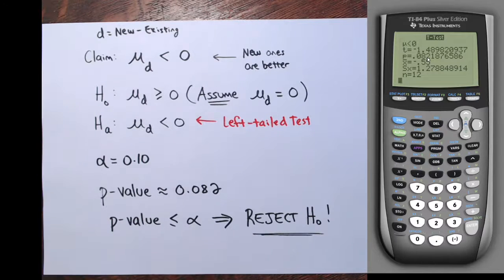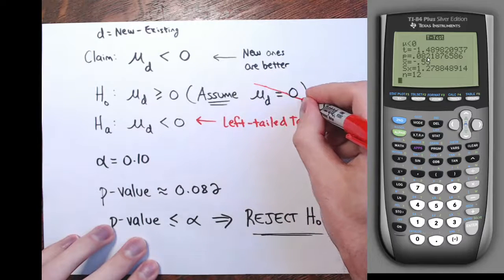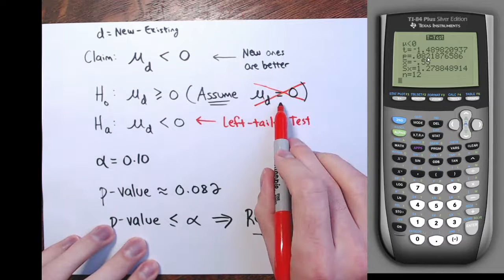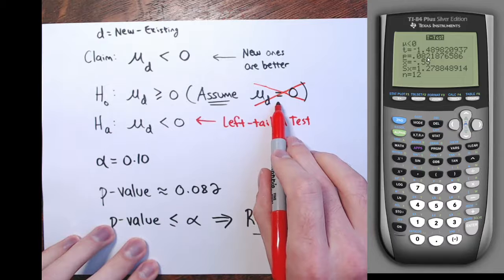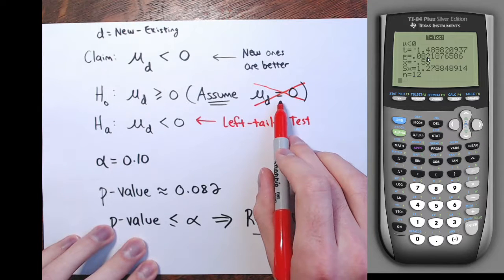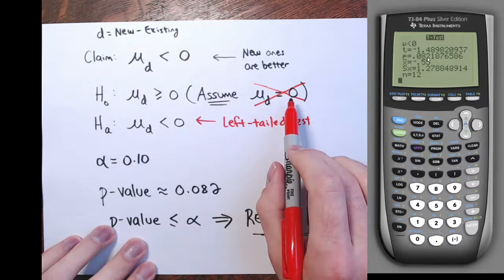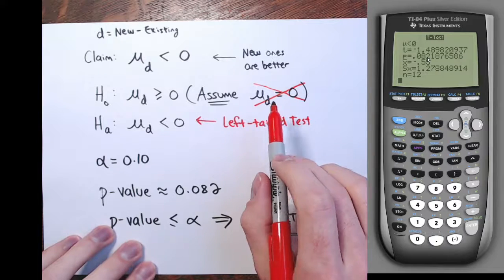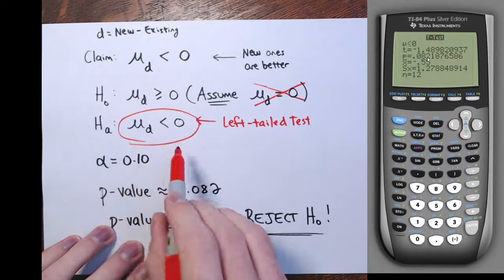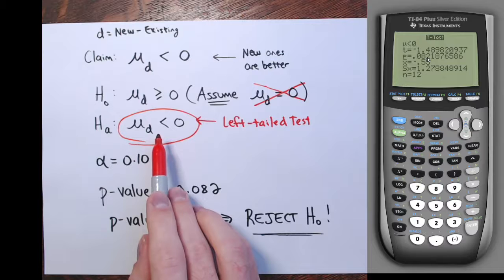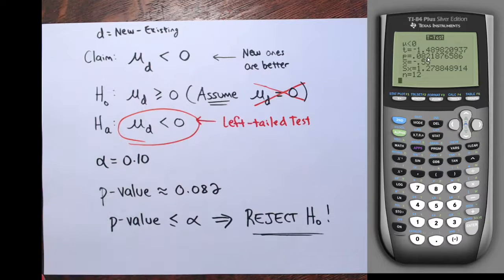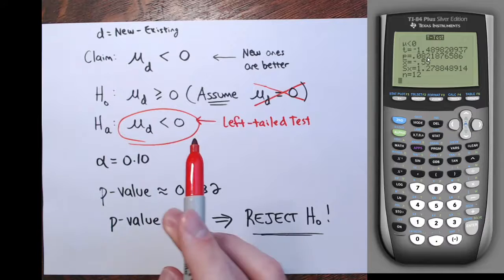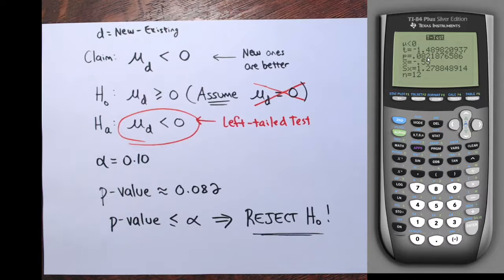So this statement here, we're rejecting it. What I assumed was that there was no difference between these disks. I'm rejecting that statement, meaning we're going to accept the alternative. The alternative was the claim that the new ones were better.